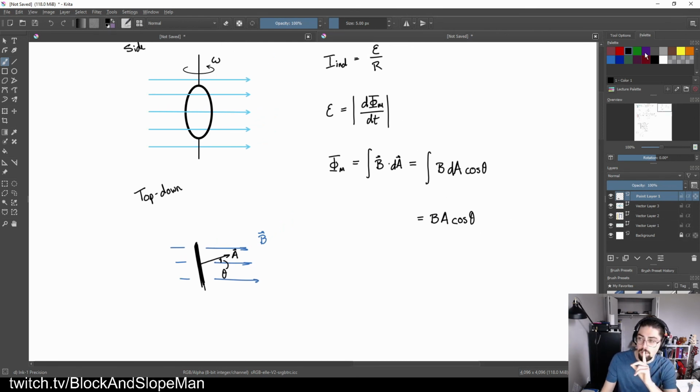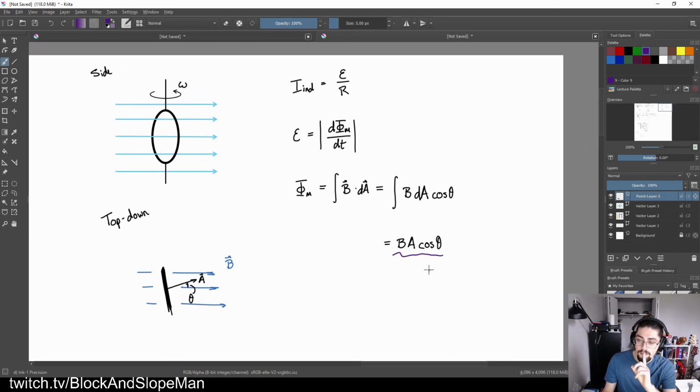Now I'm thinking about this time derivative. B is constant, A is constant. Theta is changing. How is it changing? Well, we might remember that if we're talking about angular position, then the first derivative of angular position, d theta dt, is equal to omega, our angular speed, that value that we're given in this problem.